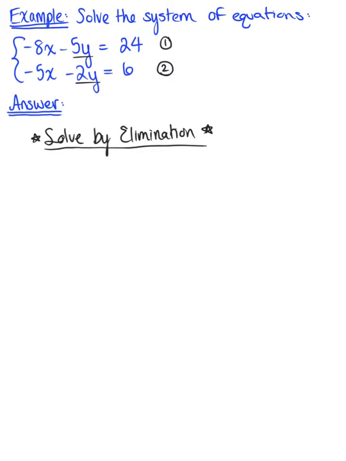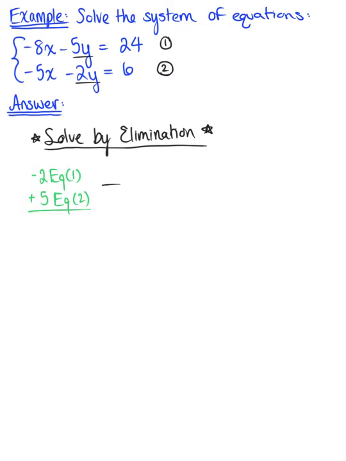In order to do that, I'm going to multiply equation 1 by -2, and then add this to 5 times equation 2. This is going to produce the same coefficients but opposing signs.